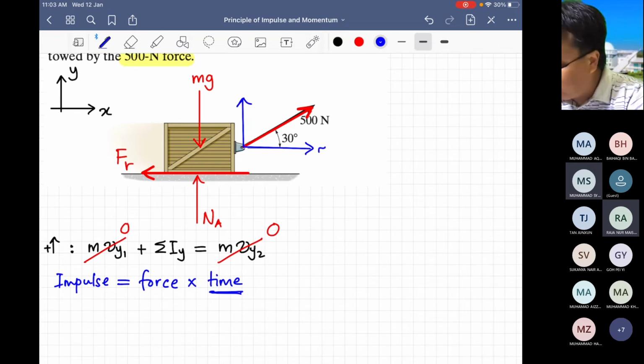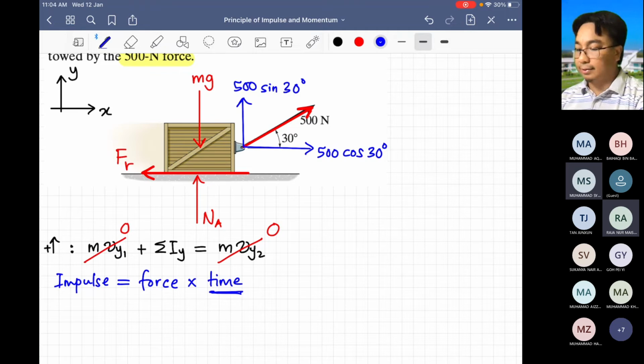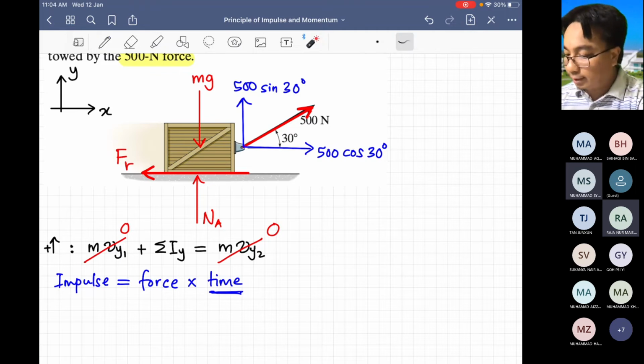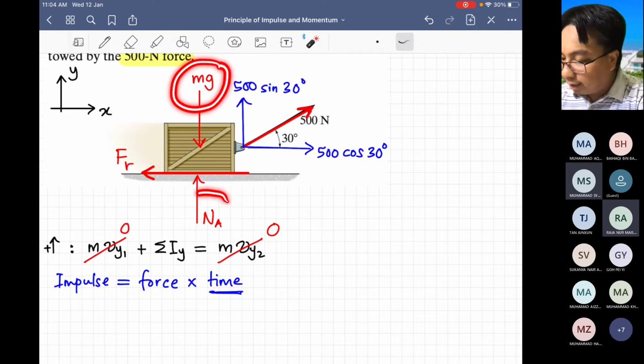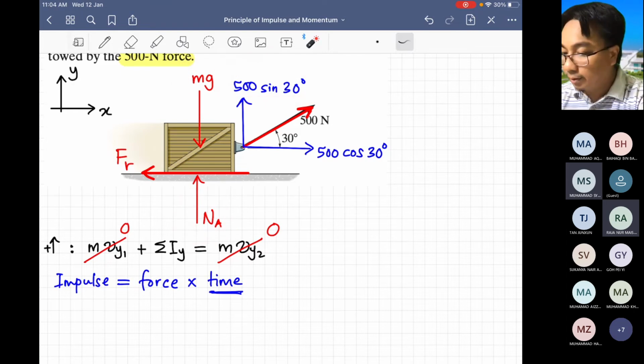So this will be 500 cos 30 degrees in x-axis, and this will be 500 sin 30 degrees in y-axis. So in y-axis kita ada mg, kita ada normal force, dan kita ada 500 sin 30. Okay, three forces. So semua ni kena darab dengan time, barulah kita dapat impulse.